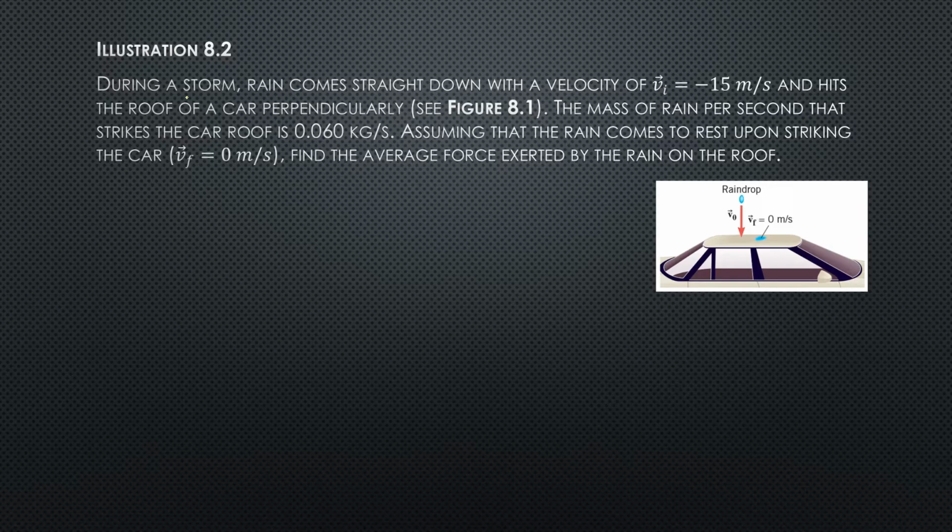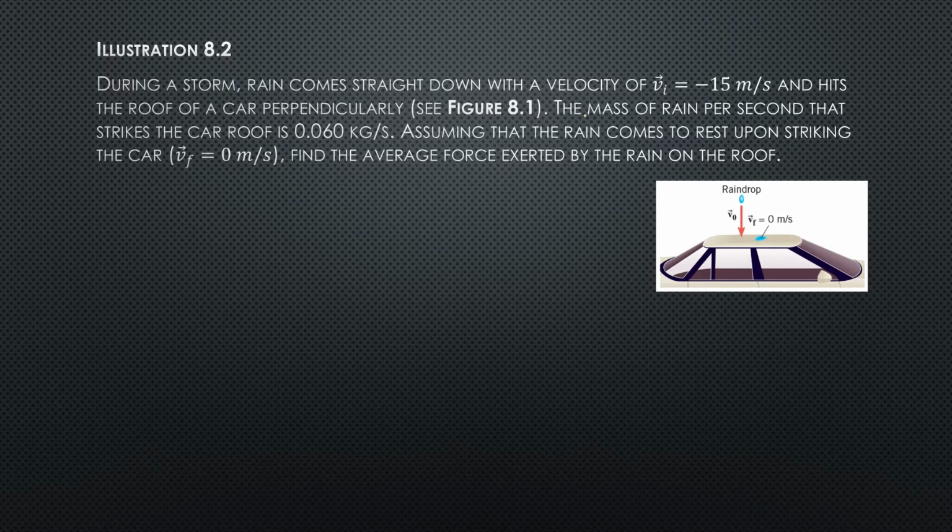So illustration number 2. During a storm, rain comes straight down with an initial velocity of negative 15 meters per second and hits the roof of a car perpendicularly as shown in the figure.